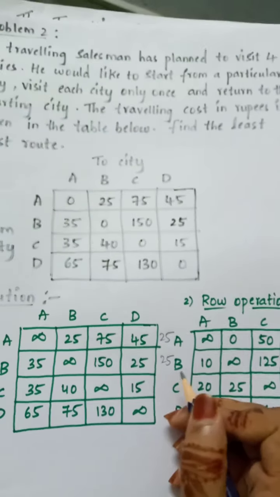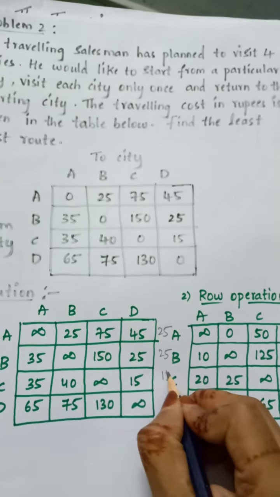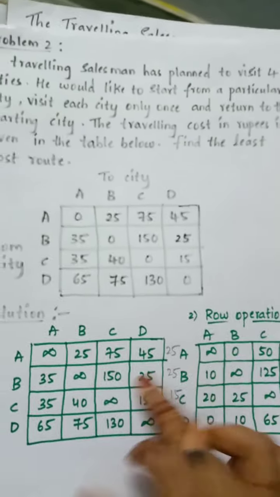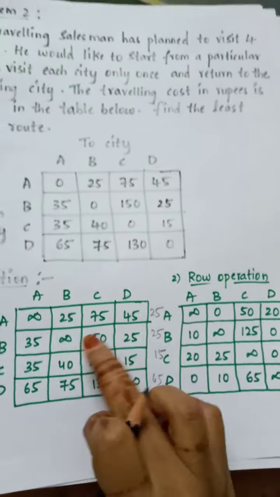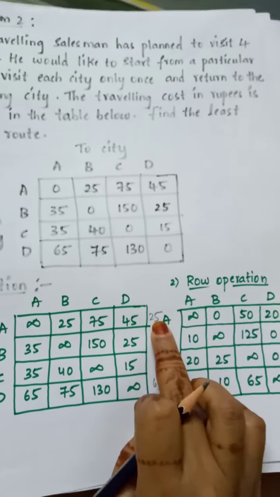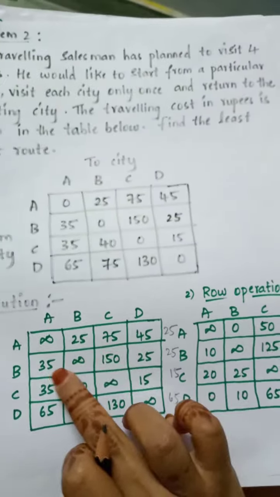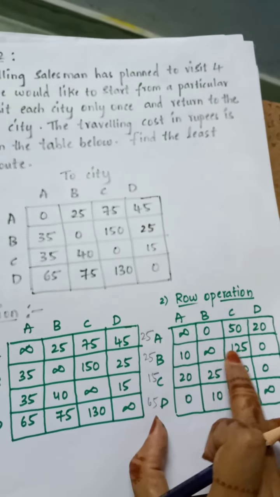In the next row, the minimum value is 15. Here the minimum value is 65. We have to calculate the row operation, students, as it is infinity. 25 minus 25 is 0, 75 minus 25 is 50, 45 minus 25 is 20. Next 35 minus 25 is 10, infinity remains infinity, 150 minus 25 is 125, and so on. This is the row operation.